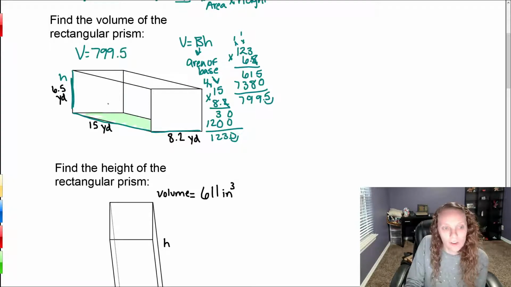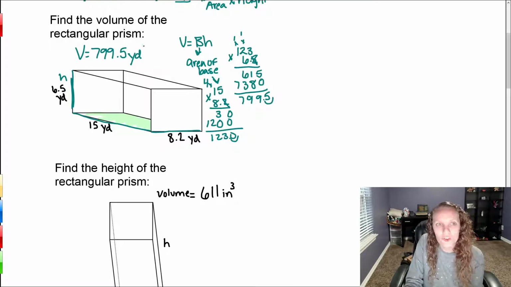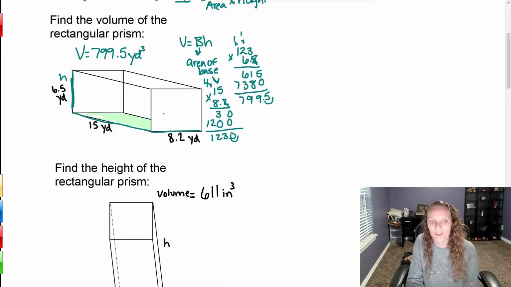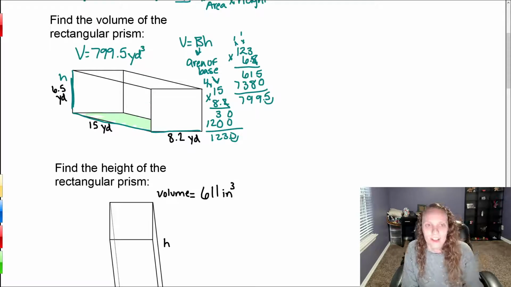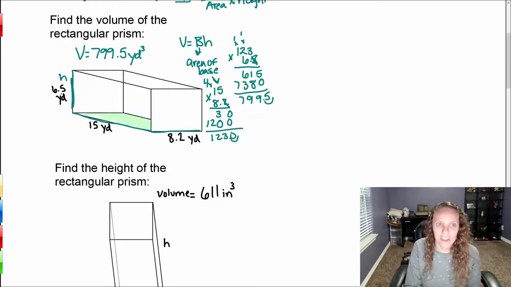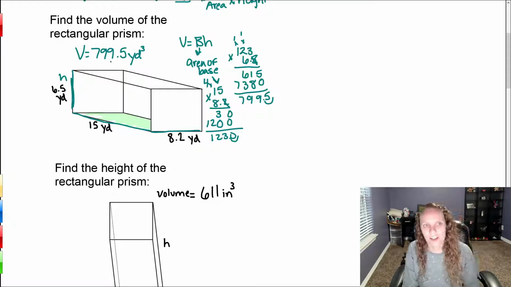We're talking about yards, and volume is a three-dimensional topic, so it's yards cubed because of the three different sides. So we found the area of the base first, the green shaded part, 15 times 8.2, and then we took the area of the base and multiplied it by how tall the prism is, which is the height, and so we took that answer times 6.5 to give us 799.5.